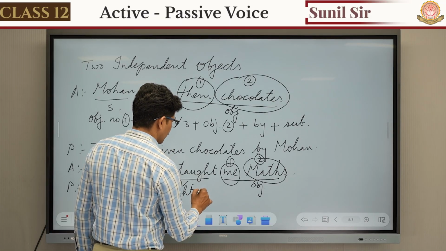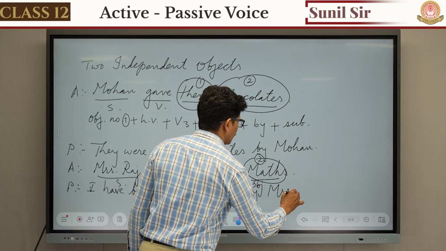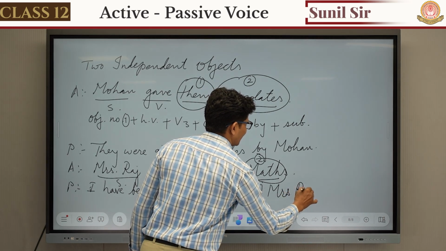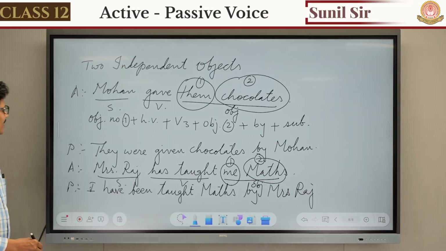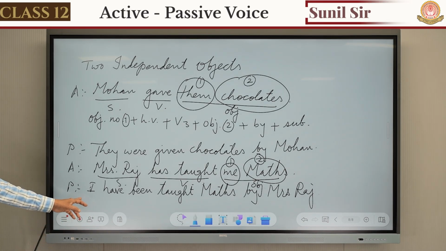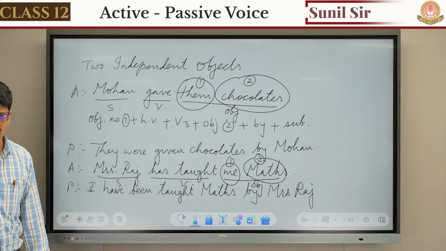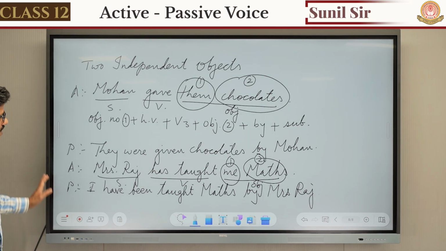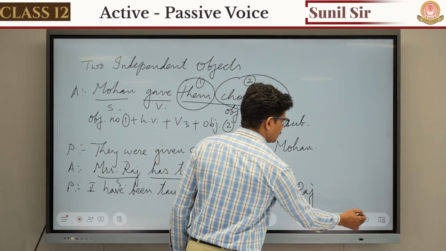Second object, that is maths, by Mr. Raj. Mr. Raj has taught me maths. Passive voice: I have been taught maths by Mr. Raj. Okay.